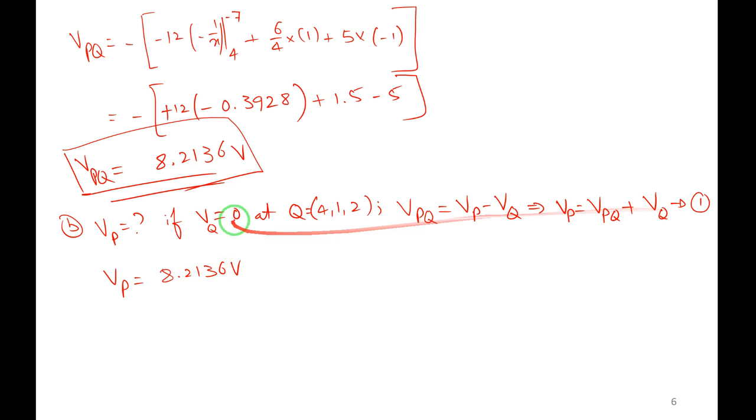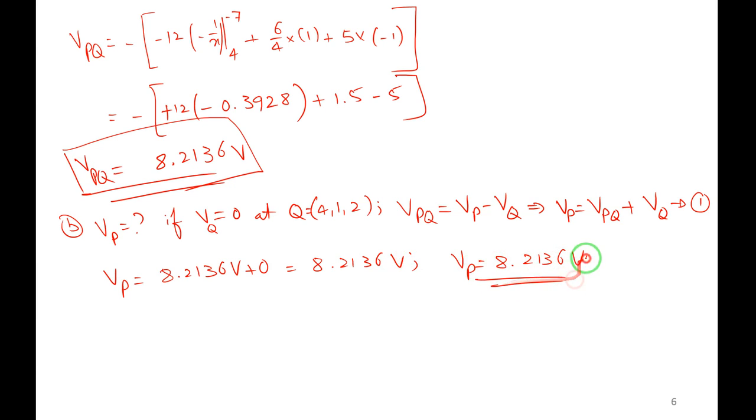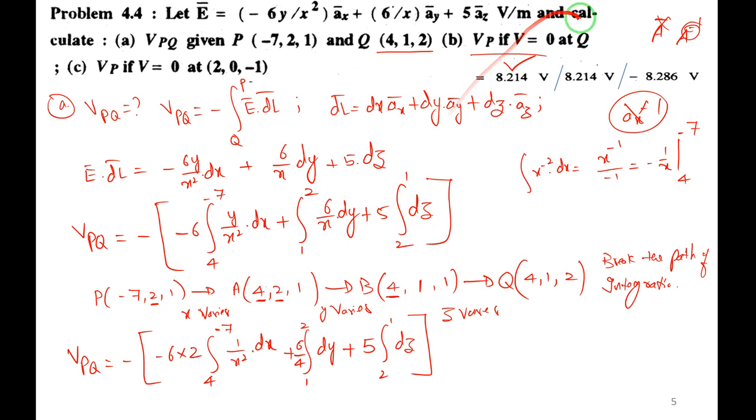Then what is VQ? VQ is 0 volts. So the same thing, 8.2136 volts. So this is VP. This is also over, right?